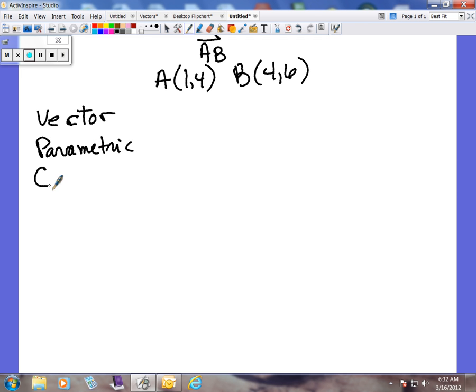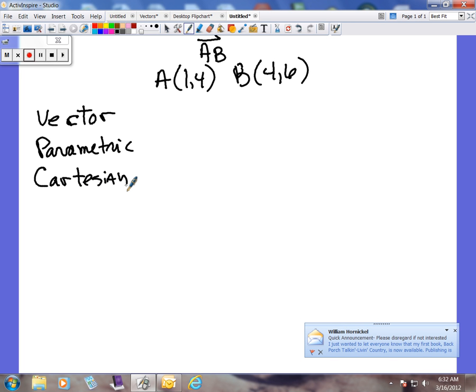And then find your Cartesian. So if you want to do that without seeing me do it, you're going to have to pause your video for a second, or for however much time it takes. Work this out, and then start it back up again, and you'll get to see if you have the right answer.